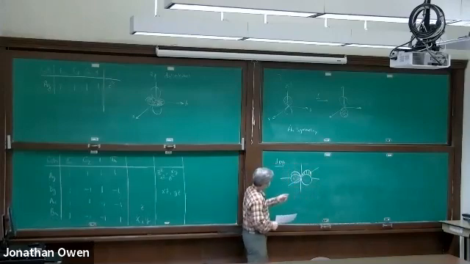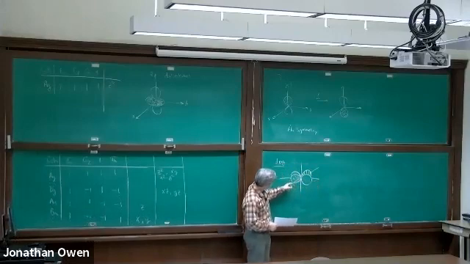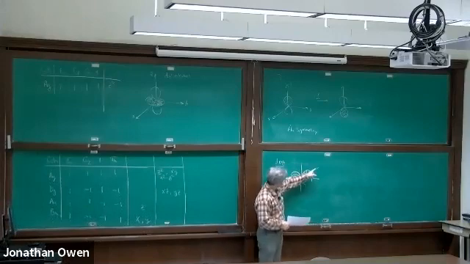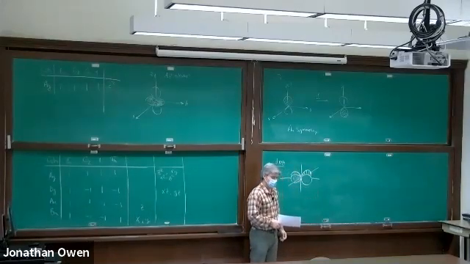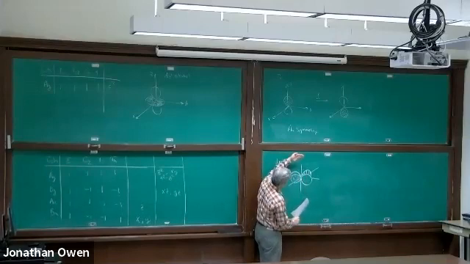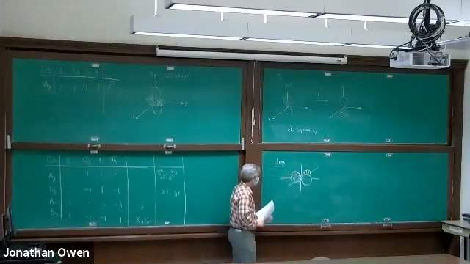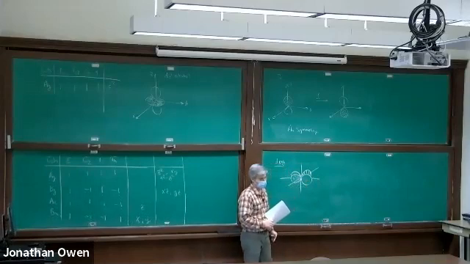Okay, so this lobe, just coming out at you, is in between this axis and this axis. This lobe here is between these two axes. This lobe is between this one and this one. This lobe is between this one and this one. And there are two nodal planes here, this one and this one. And they are along the z direction, and they are coincident with the x and the y axes.